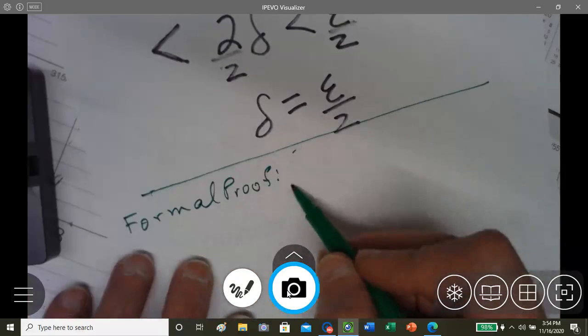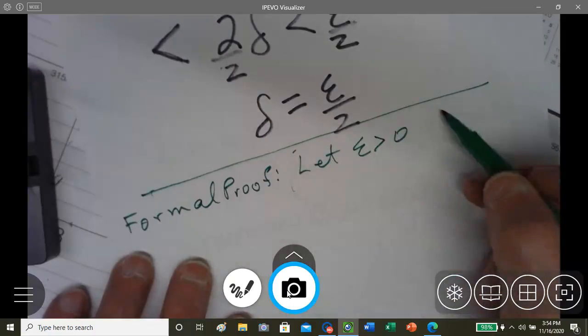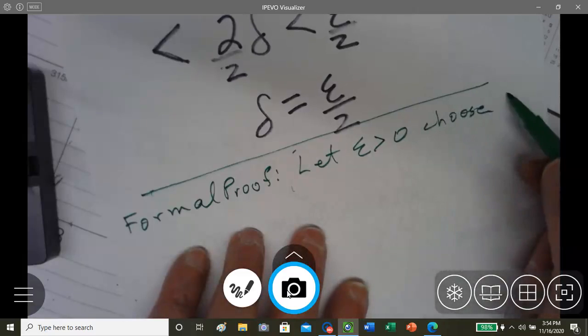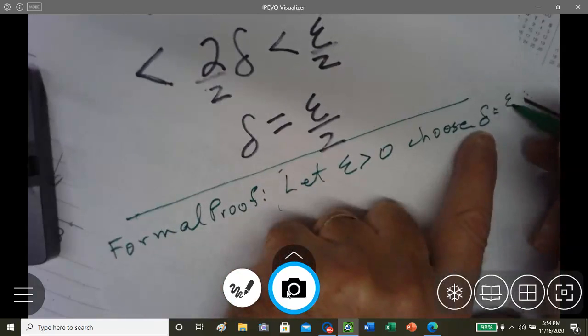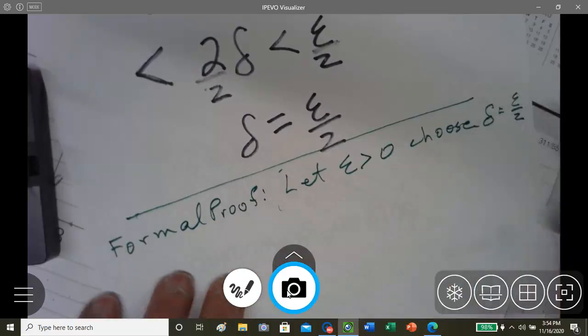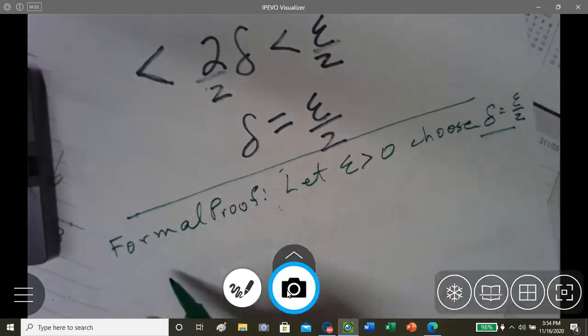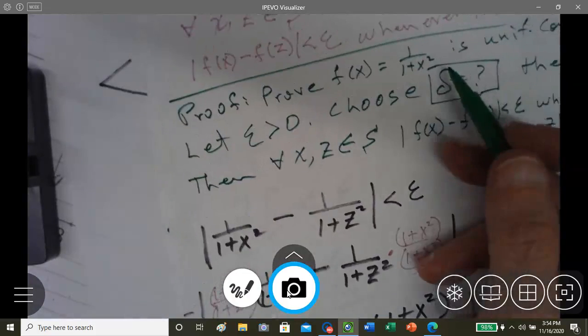Formal proof. We can say let epsilon be greater than 0. We choose a delta equal to epsilon over 2. So that's what we're looking for over here.